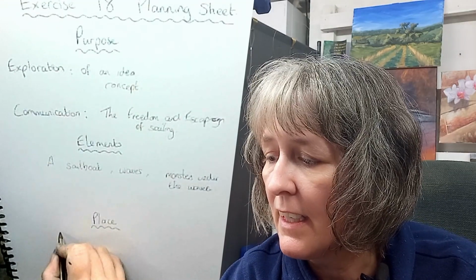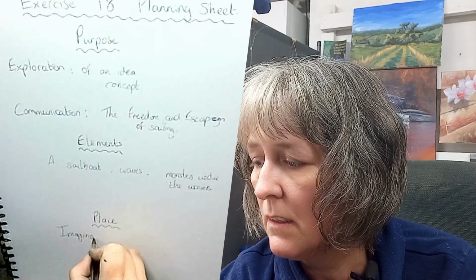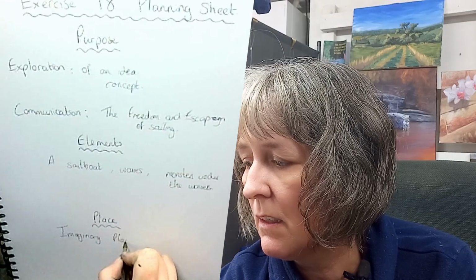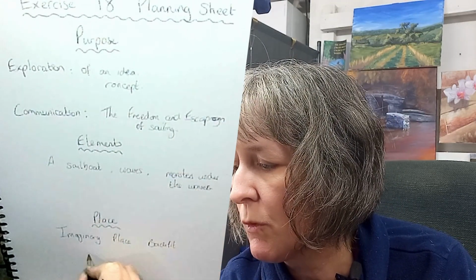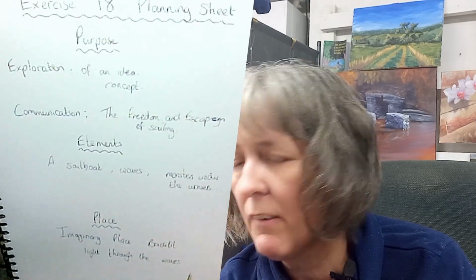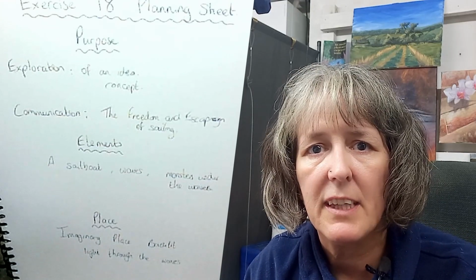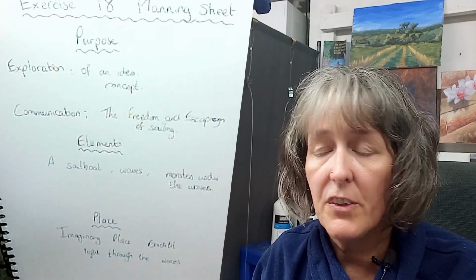And the place, it's an imaginary place. Backlit so that the light comes through the wave, and that will give me a little bit of something to play with shadows and stuff on the sea.